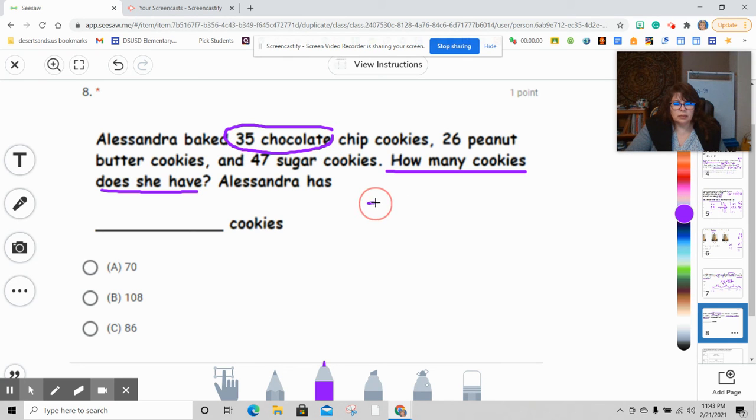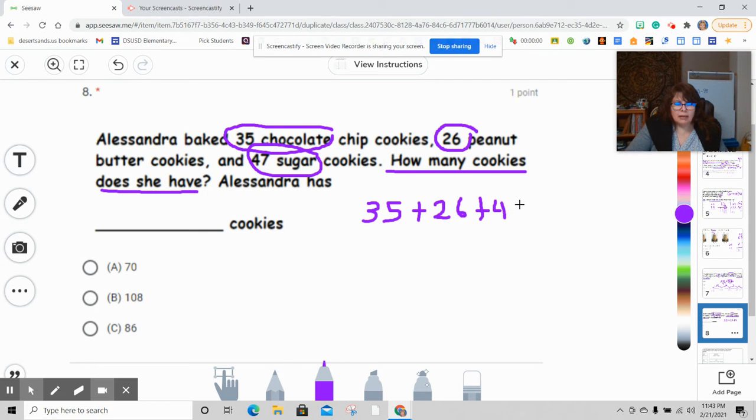Sorry, 35. She also baked 26 peanut butter. So I'm going to add the 26. And then she also baked the 47 sugar cookies.